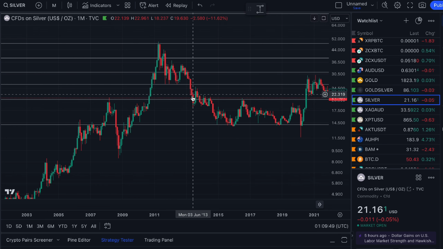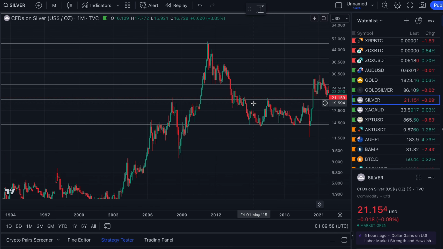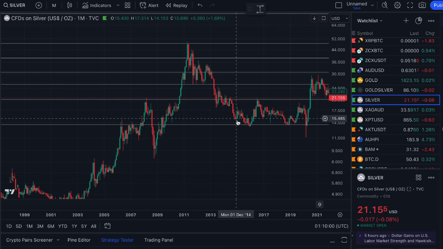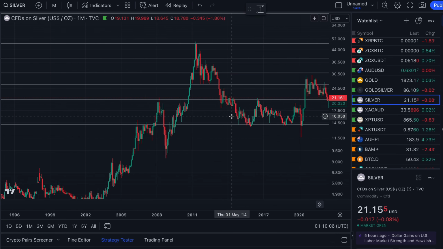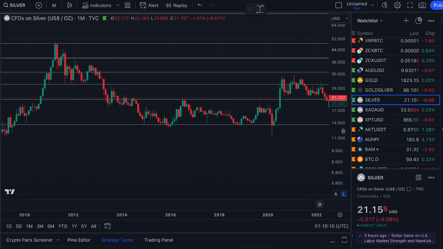So right here, breaking down below, you can see a sort of rough cluster at that 0.382 level, but not really. It took until all the way down to December of 2014, where we had a support level, right on the money here, and it was a wick down too.